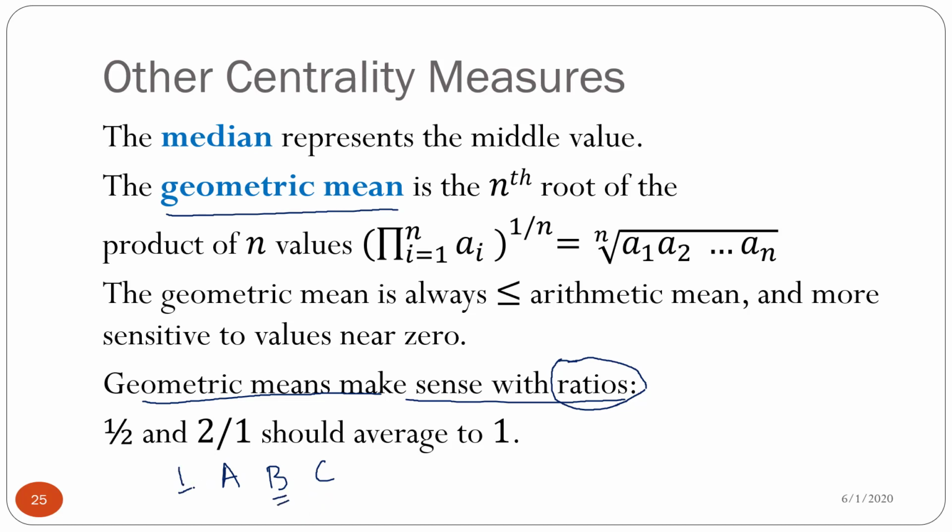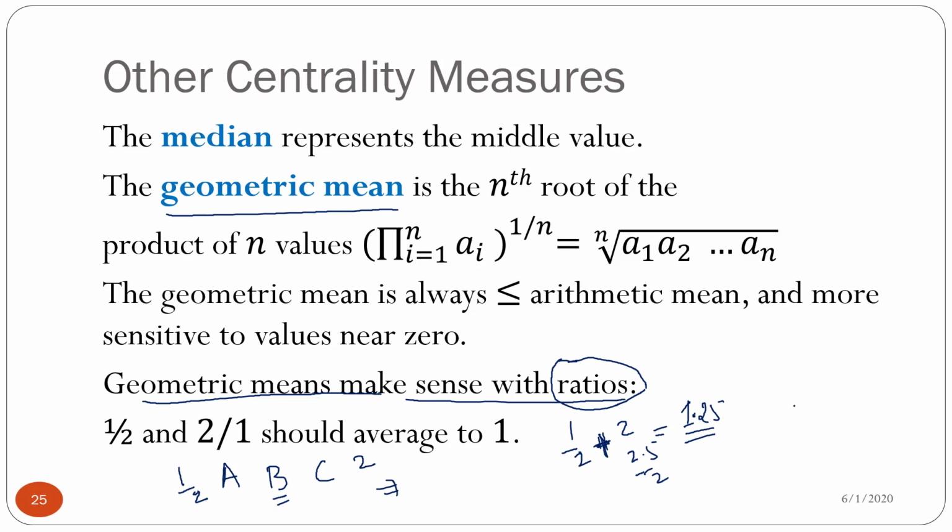A is half as strong as B, and C is twice as strong as B. Now if you have to find the average, the mean of half plus twice, that is 2.5 divided by 2, which is 1.25, which is not so meaningful.